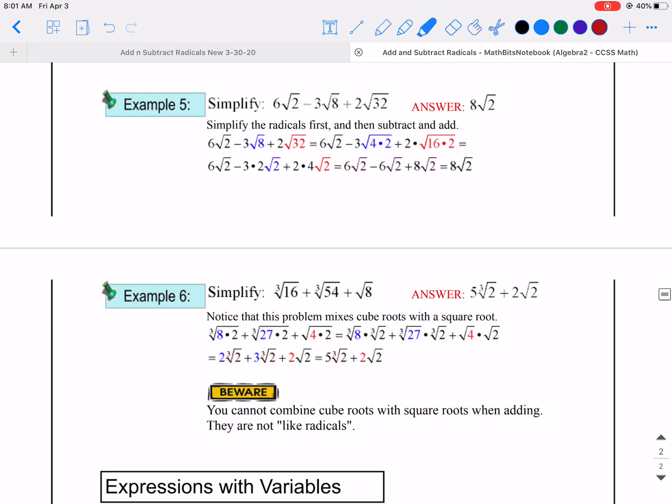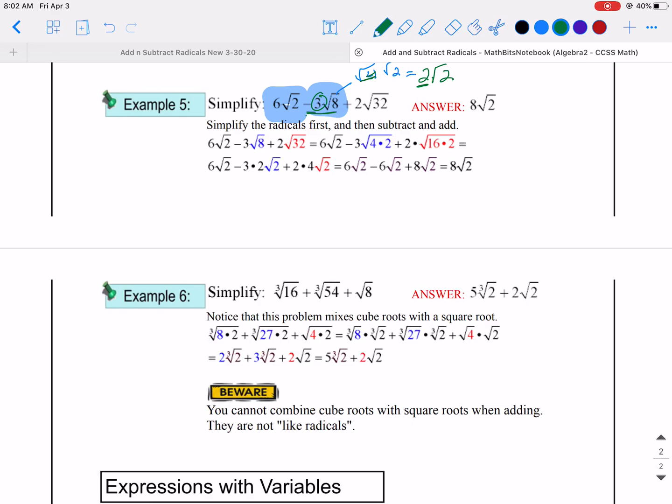So looking at 6 radical 2, I know 2 won't break down. 3 radical 8, I should remember that radical 8 will break down. The square root of 4 times the square root of 2. What is the square root of 4? You can tell me that. 2 radical 2. Is there a number outside? There's a 2 here and a 3 here.